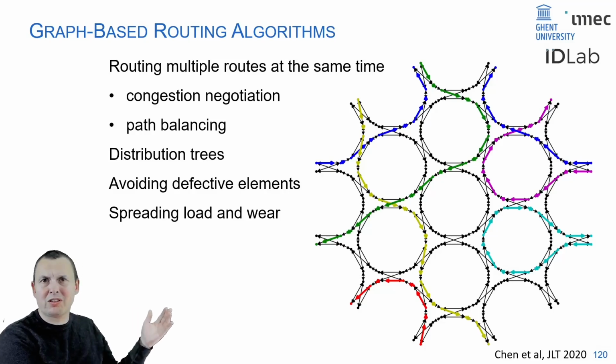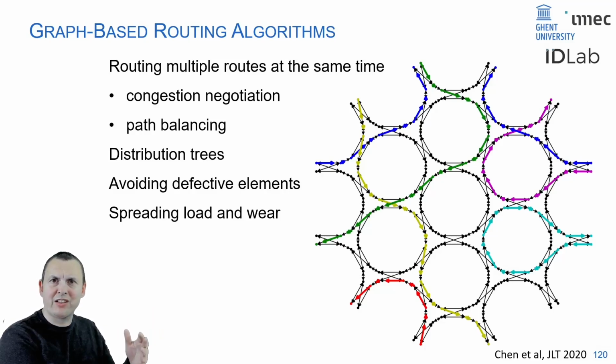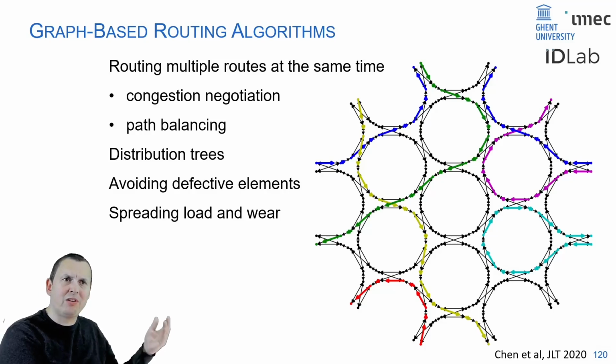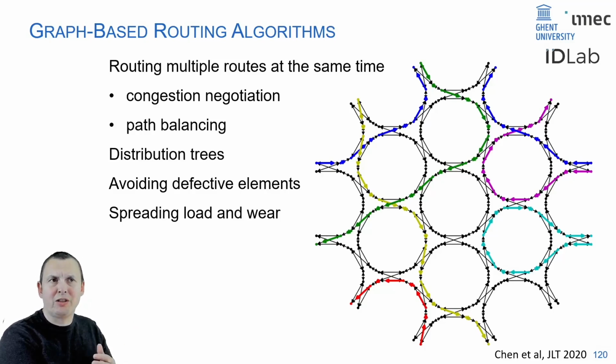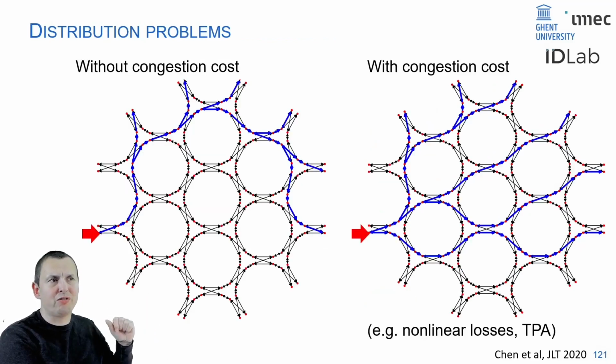Now, these algorithms can be quite complex because the larger the mesh becomes, the more difficult and the more computationally intensive it becomes to find optimal solutions. Luckily, with these graph libraries, we can reuse quite a lot of expertise from the world of network routing, etc. For instance, this example here gives the situation of a splitter tree, a 1x6 splitter tree, but with different boundary conditions.